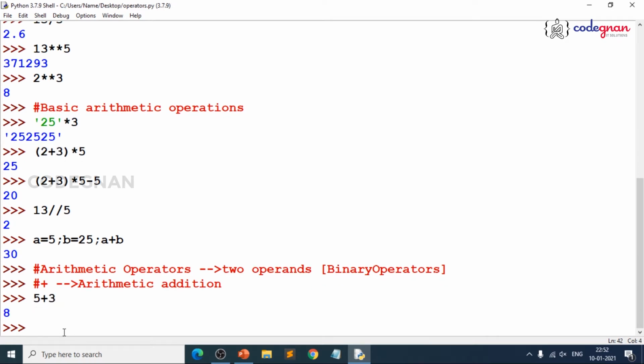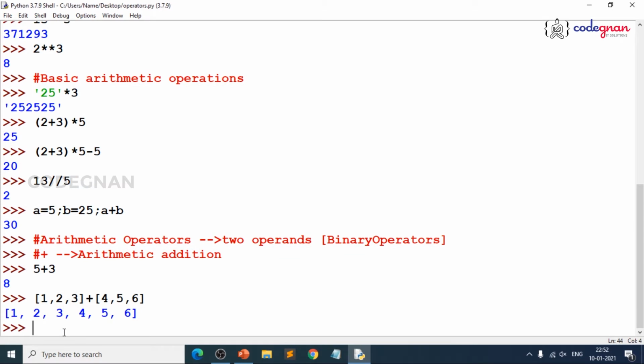You see 5 plus 3, you get the result, or you use 1, 2, 3 plus 4, 5, 6. What happens? Both of them will be combined, so you are merging two lists. But you cannot take a list plus a tuple.